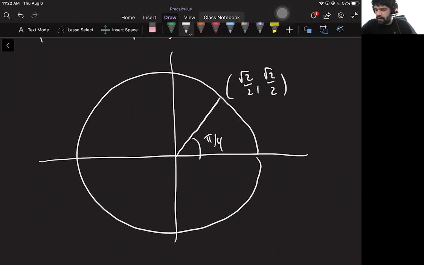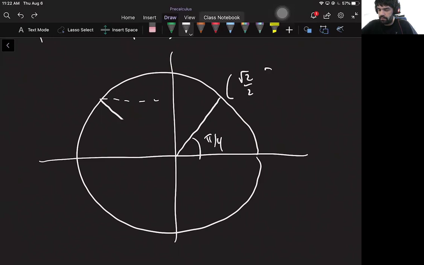Well, then on the other side over here, I'm going up to the same height and I'm going left instead of right to the same distance, then I should be able to figure out that point as well because it's symmetric.